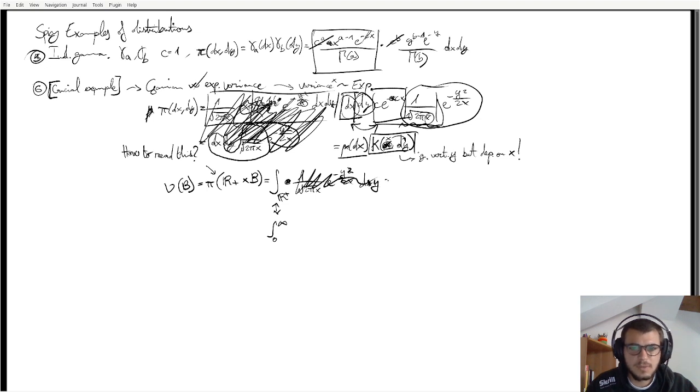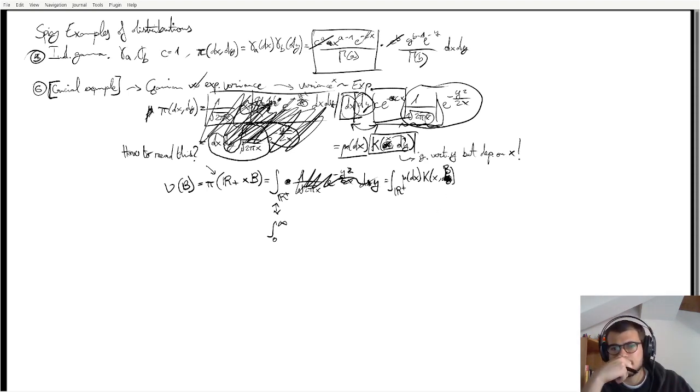But before that, we should write it in this way: the integral over R plus of mu dx, K of x, dy, K of x and B. But why do we write it in this way here, while here we had dy?